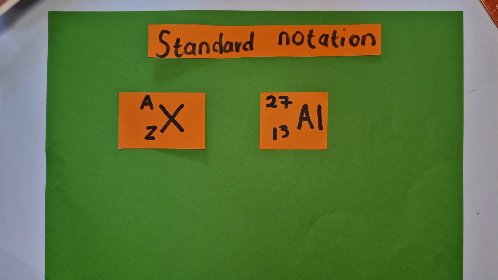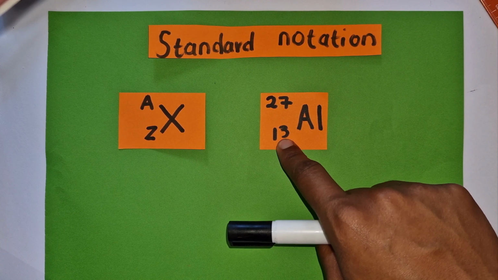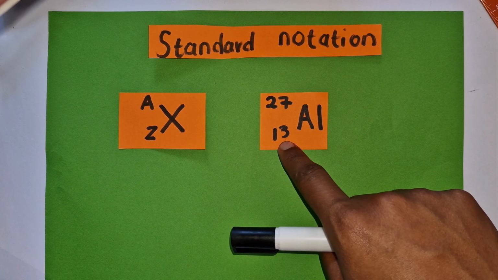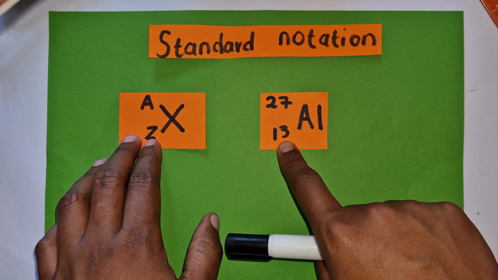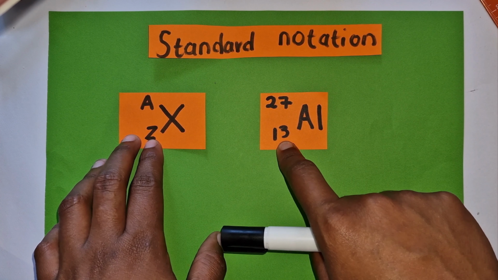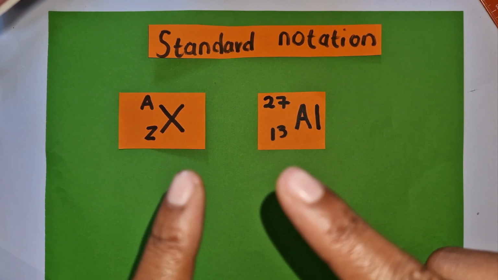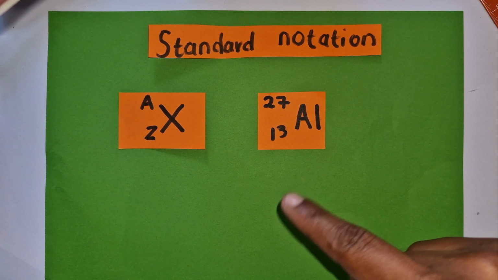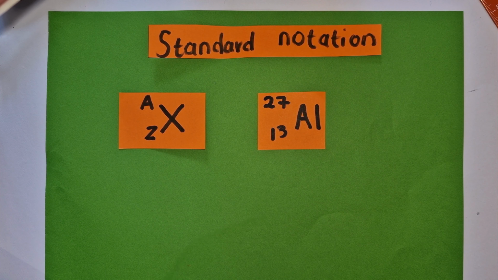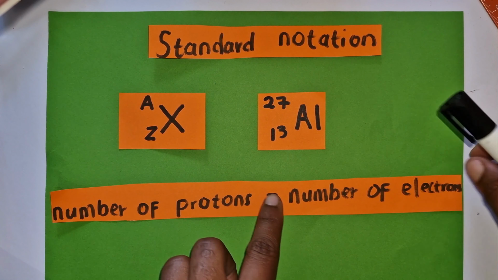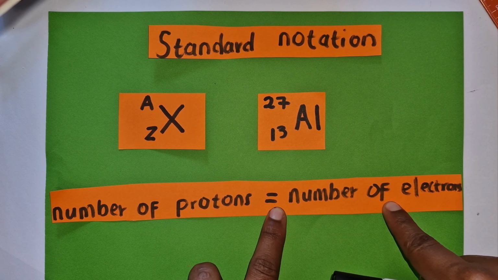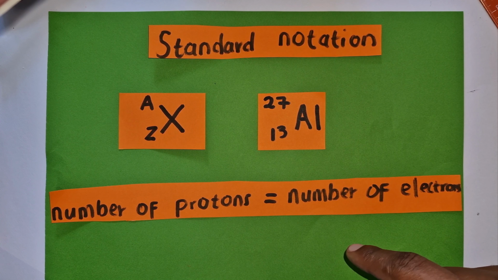This means that in a neutral aluminium atom, we have 13 protons, as we are told by this Z, which is the atomic number, and we also have 13 electrons, because a neutral atom has the same number of protons as it does electrons.